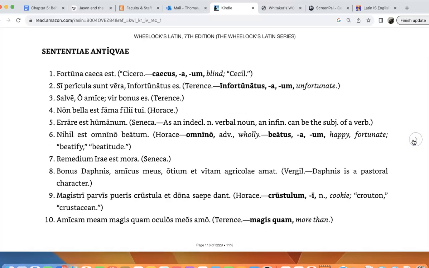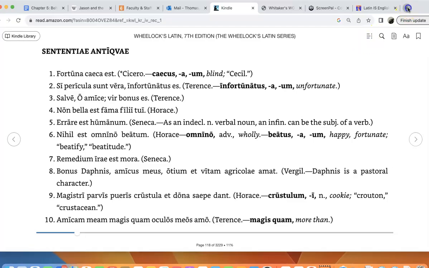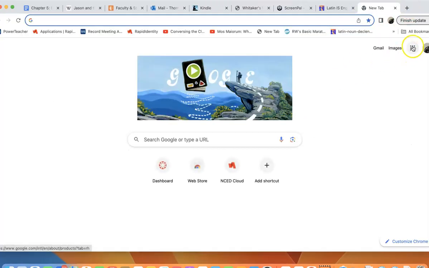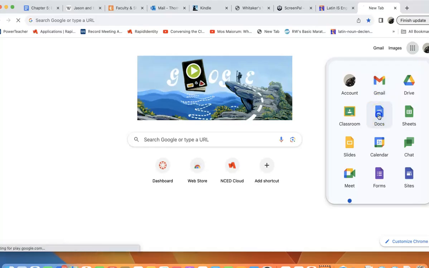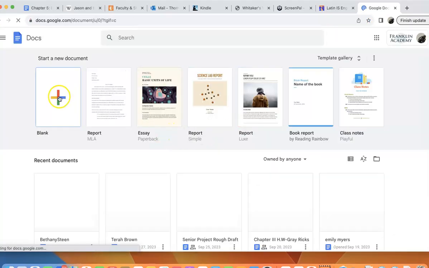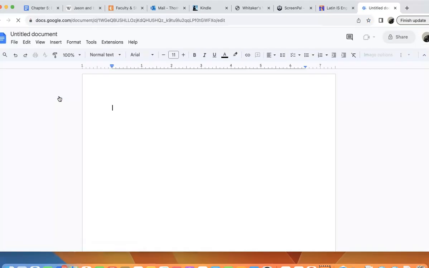Okay, so let's take a look at our exercises here. So I'll go ahead and open up a Google Doc just so we have it. And since it is Latin, I feel like I need to do Times New Roman, and we're going to call this Latin 101.